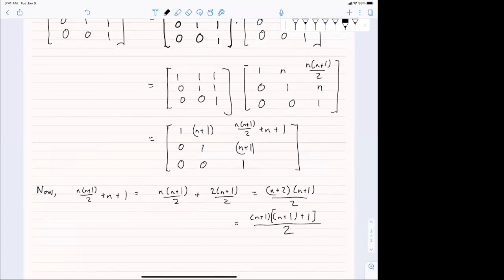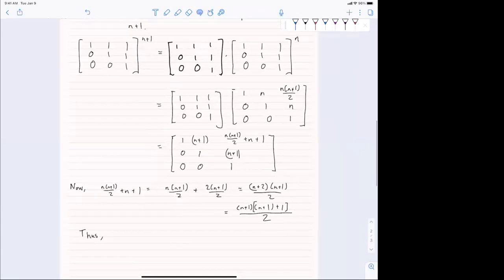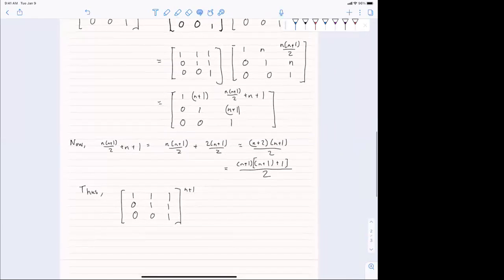Well, because what I want to say is, thus, when I look back at the thing that I'm looking at, this original n plus first power, and I replace this expression with what I found here, I will get that this is equal to this guy.